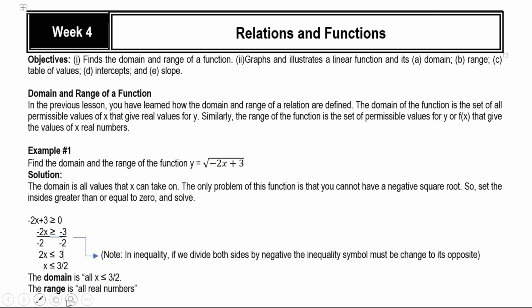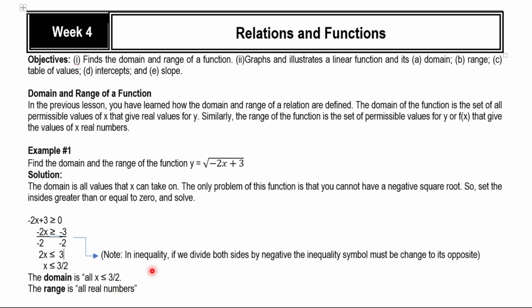Then the range, as we define the range, is all the output or the set of all second coordinates, the result right after we substitute the value of x. The range is all real numbers. Why all real numbers? Because as we defined, the range is the set of all outputs, the set of second coordinates, or the set of all y's. So, why real numbers?